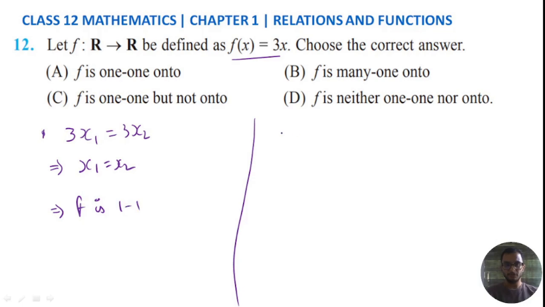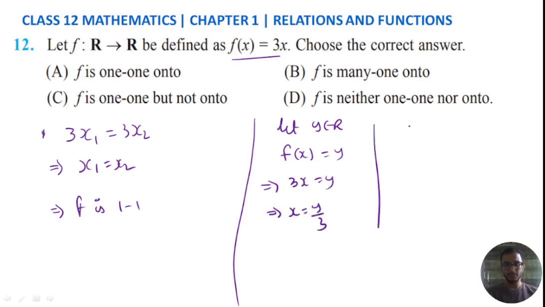One-one was easy. Now let y belong to the codomain R, and you need to find some x such that f of x equals y, which implies 3x equals y. So you should take x equals y by 3. Then what will be my f of x?